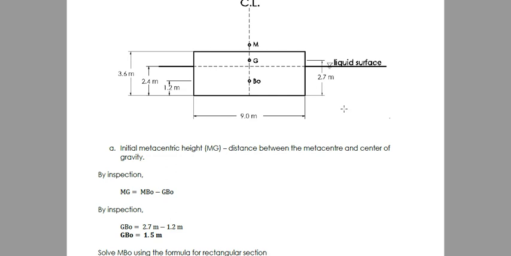G is 2.7 meters above the bottom of the scow.